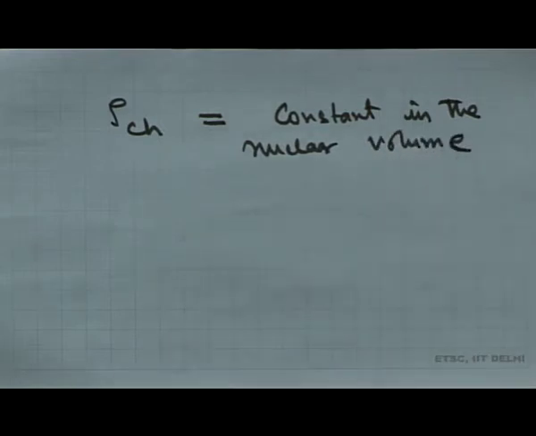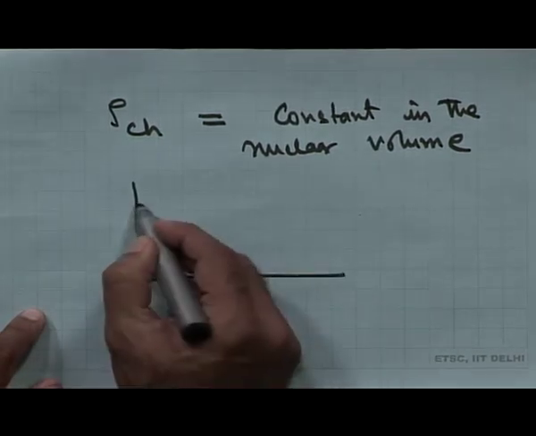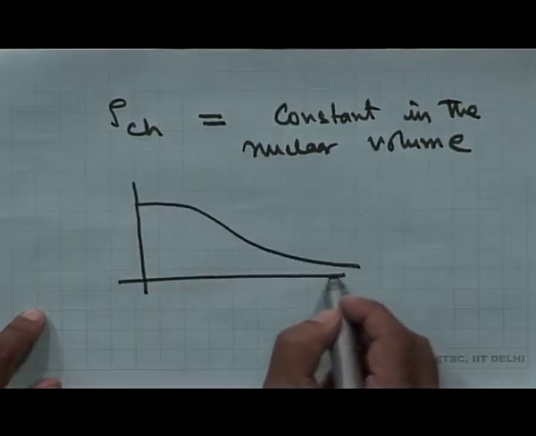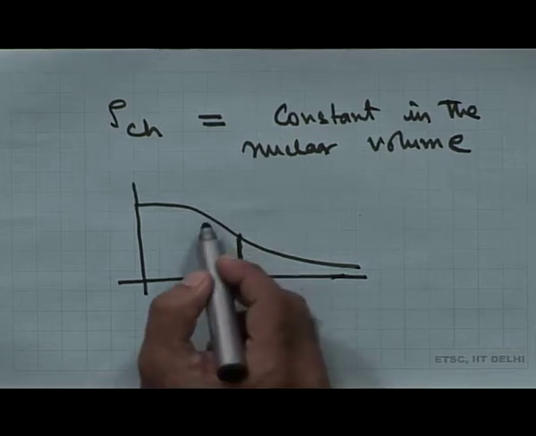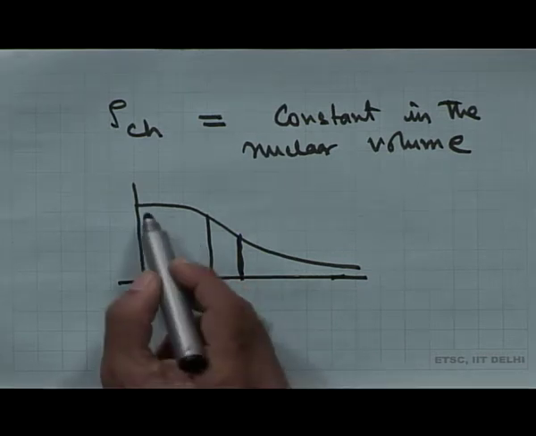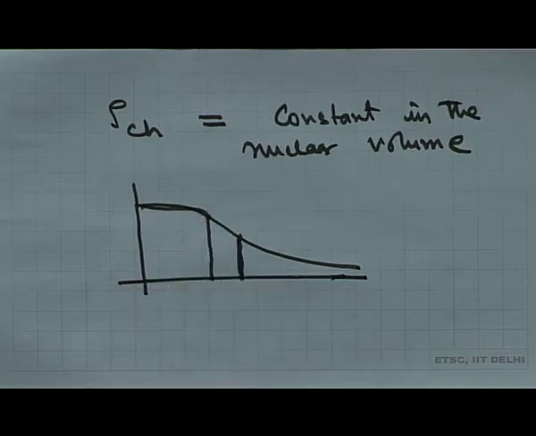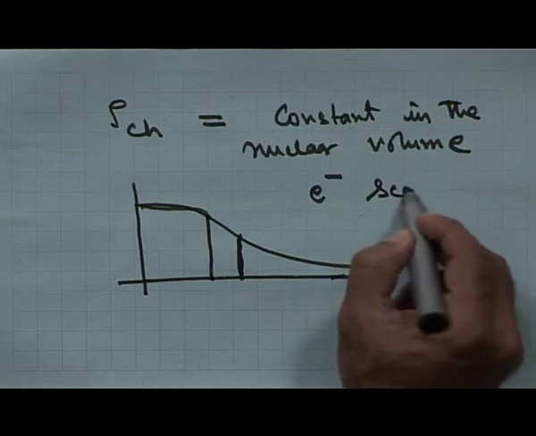Of course, it is not exactly a constant. If you remember, the figure looked something like this. We are going to isolate this particular point, or even this particular point, and roughly call it the radius of the nucleus, because it is in this region that the charge distribution is a constant, and this is the information that we get from elastic scattering.